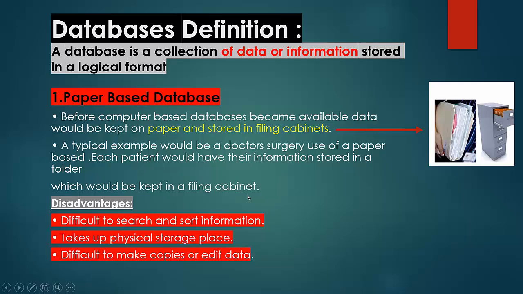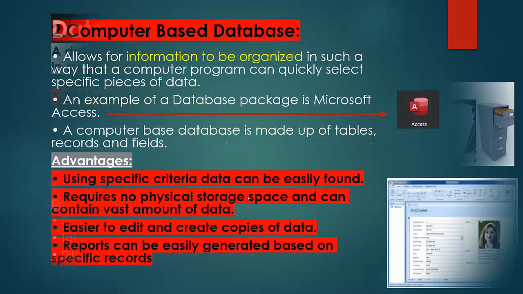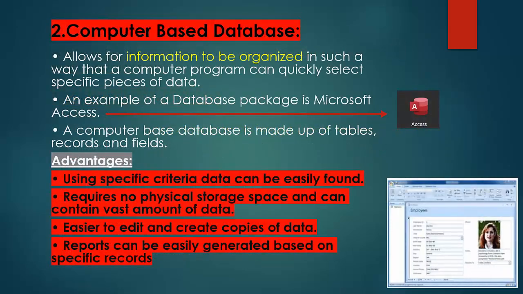So let's go on to the second type, which is the computer database, and this is our focus here. It's practical. This is what we are going to take in task 3, so we have to talk a little bit about it.